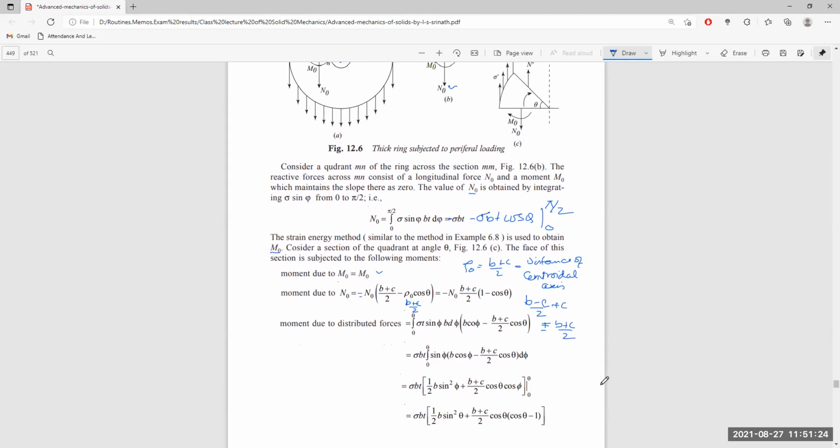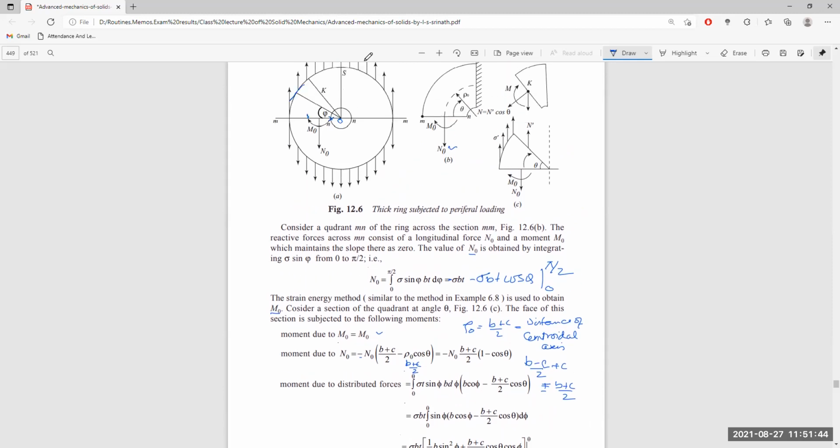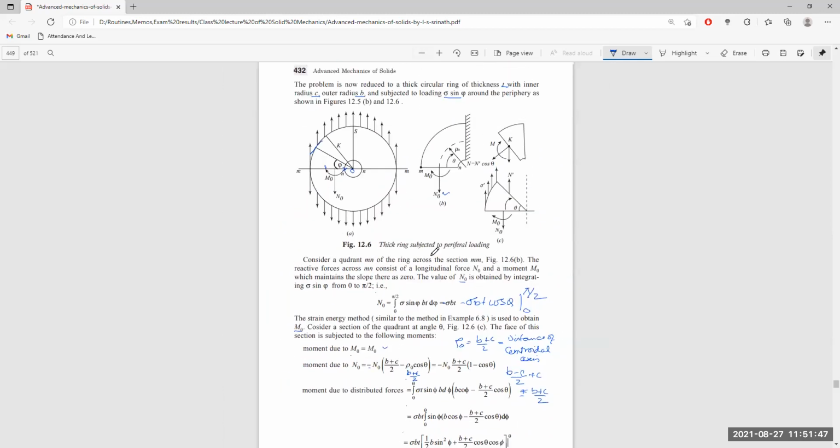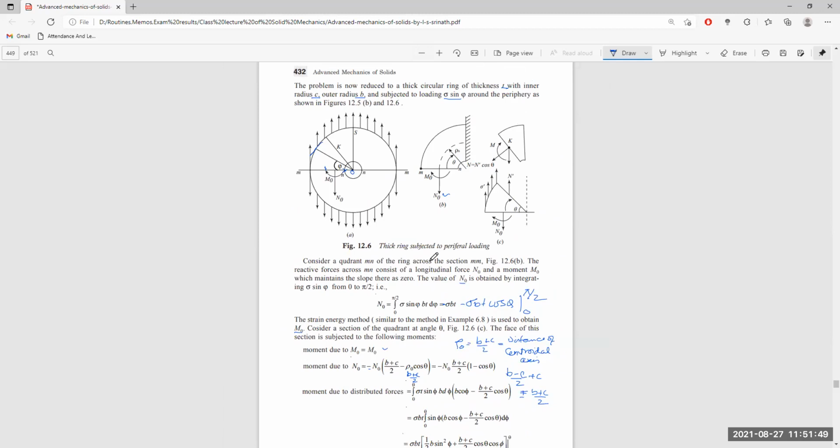Next comes the moment of the distributed forces. What will be the moment of the distributed forces? First, we have to find out the moment of the distributed forces. Sigma into sine phi is the stress over all the different forces.